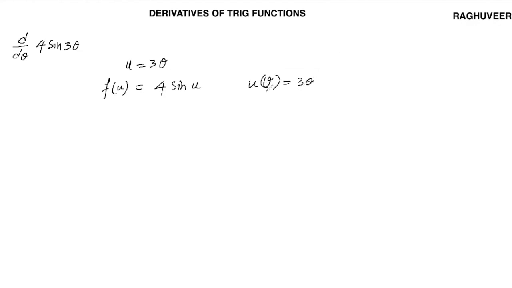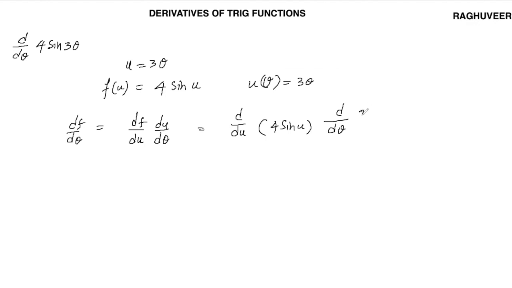So df by d theta is df by du times du by d theta, which is d by du of 4 sine u and d by d theta of 3 theta. This is 4 cos u and this is 3, so it is 12 cos u, which is 12 cos 3 theta.